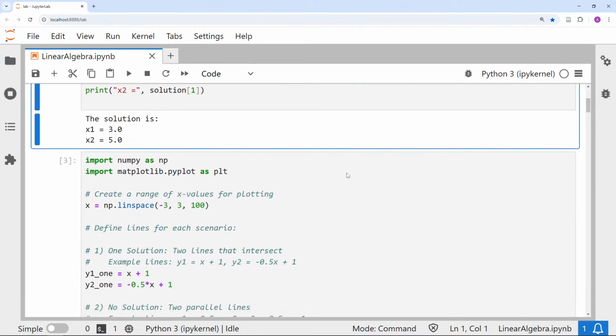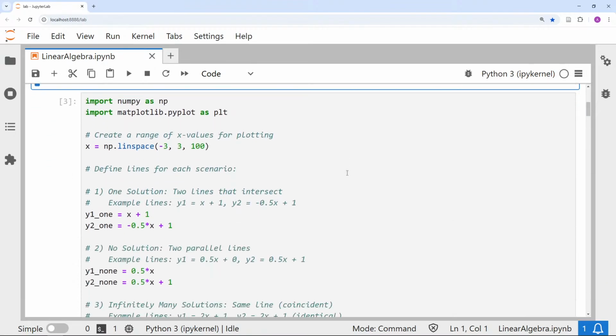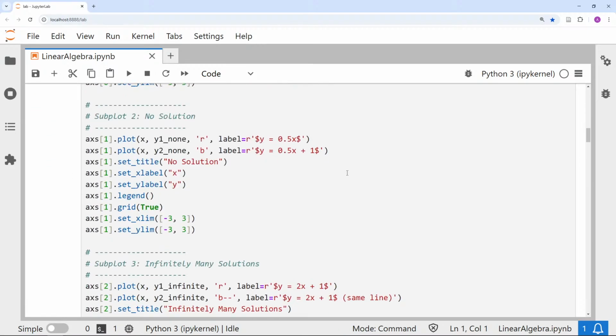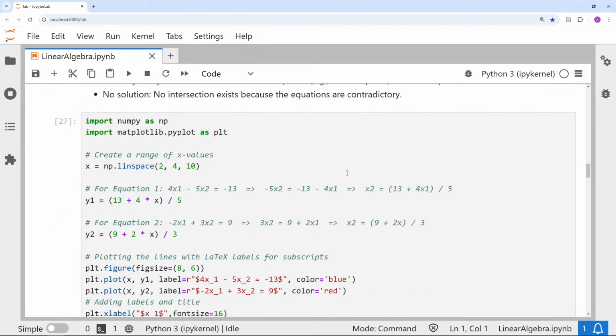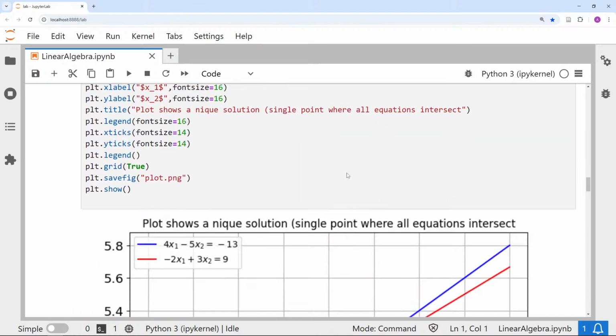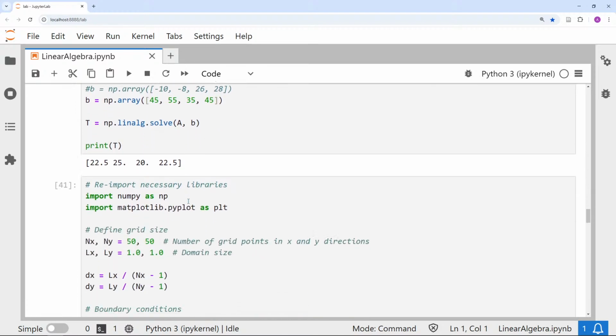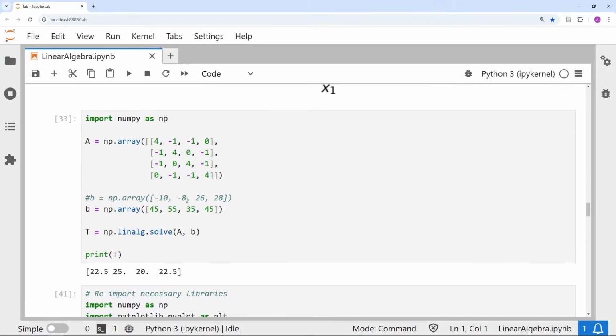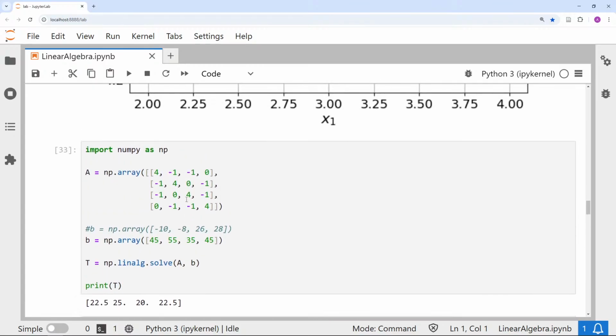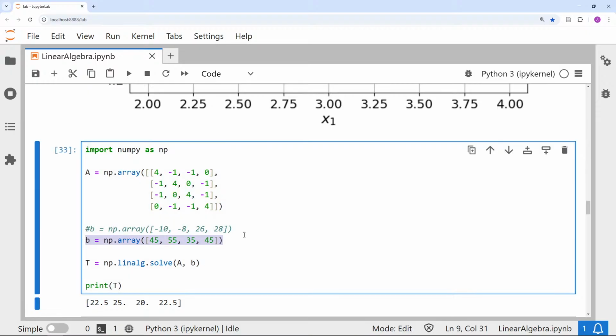Here, in Python, for example, this is the plotting of this figure. Let me just get rid of this.